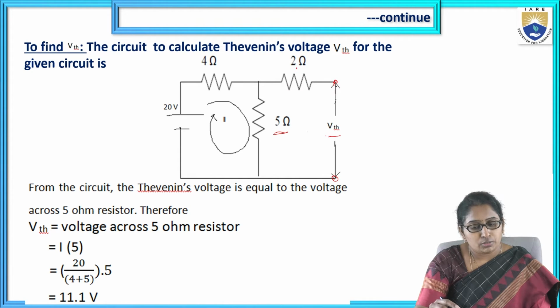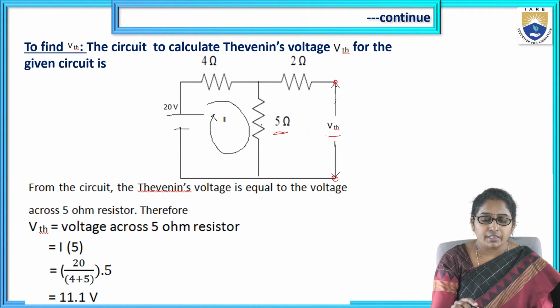So whatever the voltage here is, it is the voltage across this 5 ohm. If we know the current in this 5 ohm resistor, then we can know the voltage across it. So first find the current in the 5 ohm.